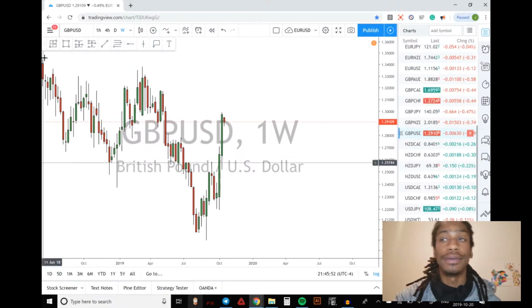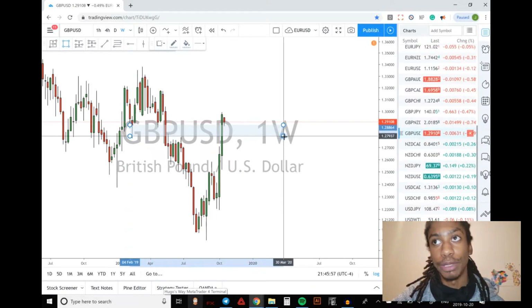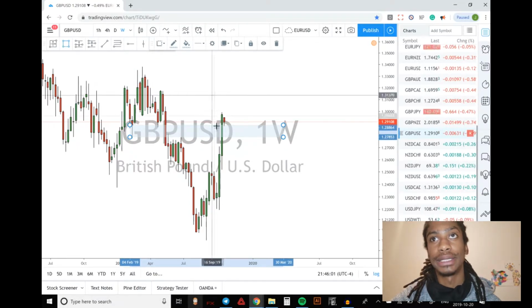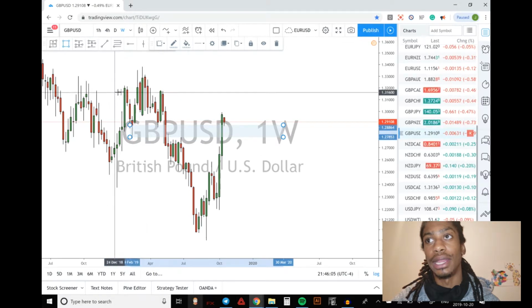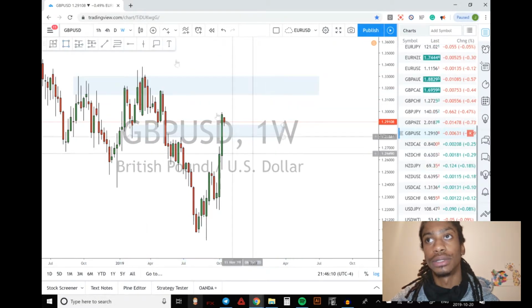So we do have this market structure. So let's just look at this market structure. We have this support area. This up here seems like a mess. I would just leave that like that, and then to find a floor area, go like this.